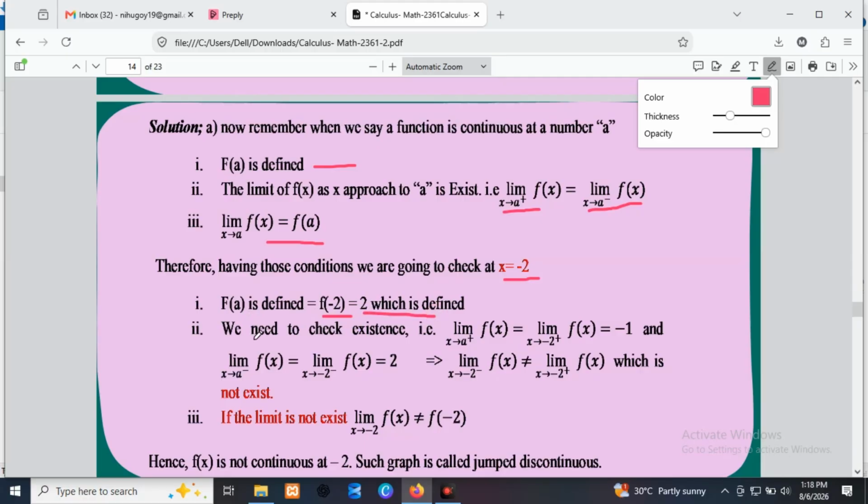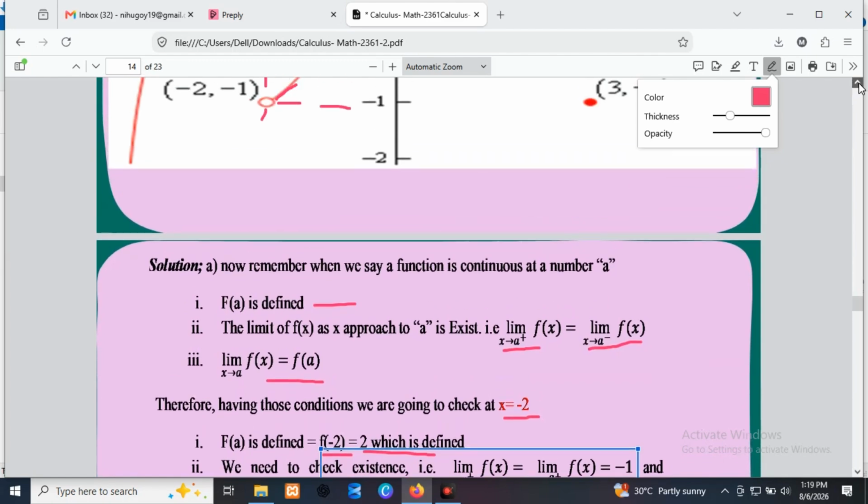Second, we need to check the existence of the limit. We evaluate the limit from the right hand side and the left hand side. The limit of the function as x approaches -2 from the right is -1.